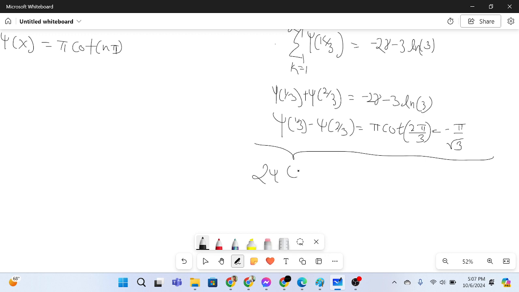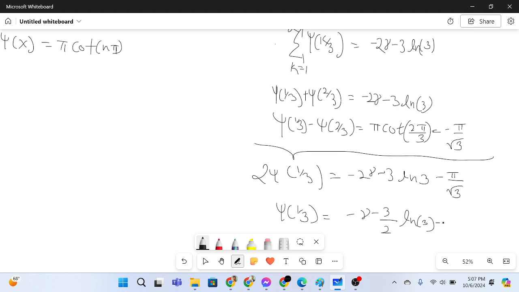So now let's add these two. 2 times digamma 1 by 3 will be minus 2 times the Euler-Mascheroni constant minus 3 ln 3 minus pi by root 3. That's why digamma of 1 by 3 will be minus the Euler-Mascheroni constant minus 3 by 2 ln 3 minus pi by 2 root 3, right?